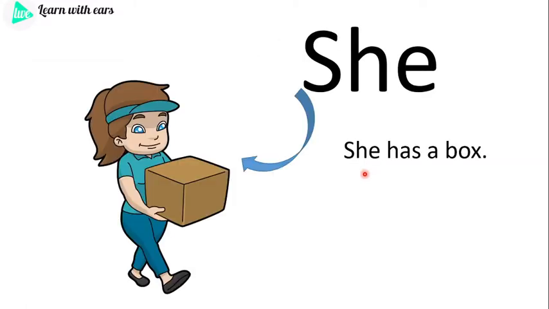Okay. Next, she. She has a box. Okay, she is a singular pronoun, so we use has. She has. Remember, we use she with a woman or with a girl. Now next is it.